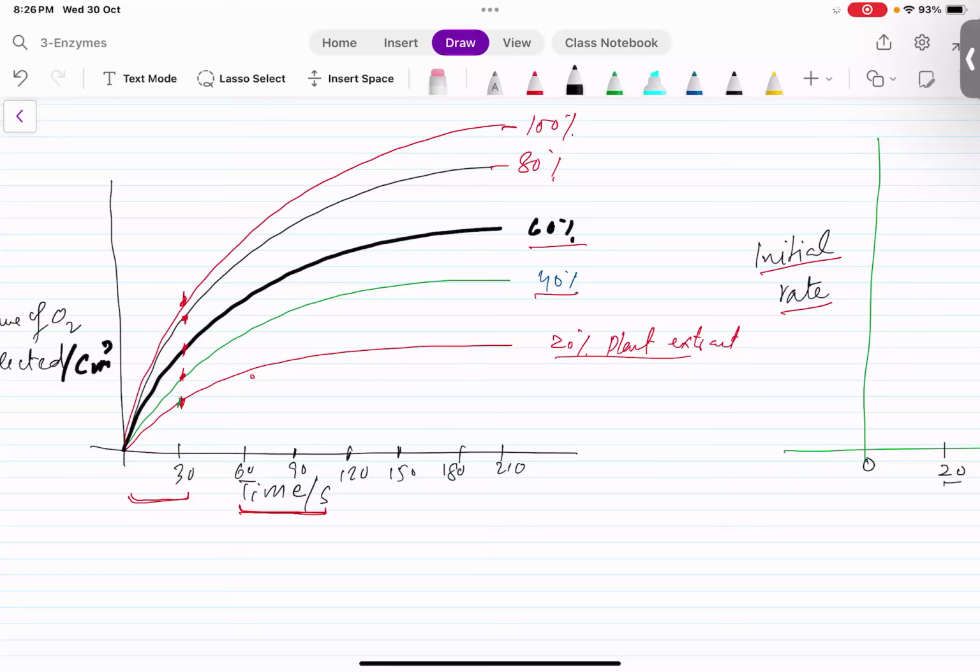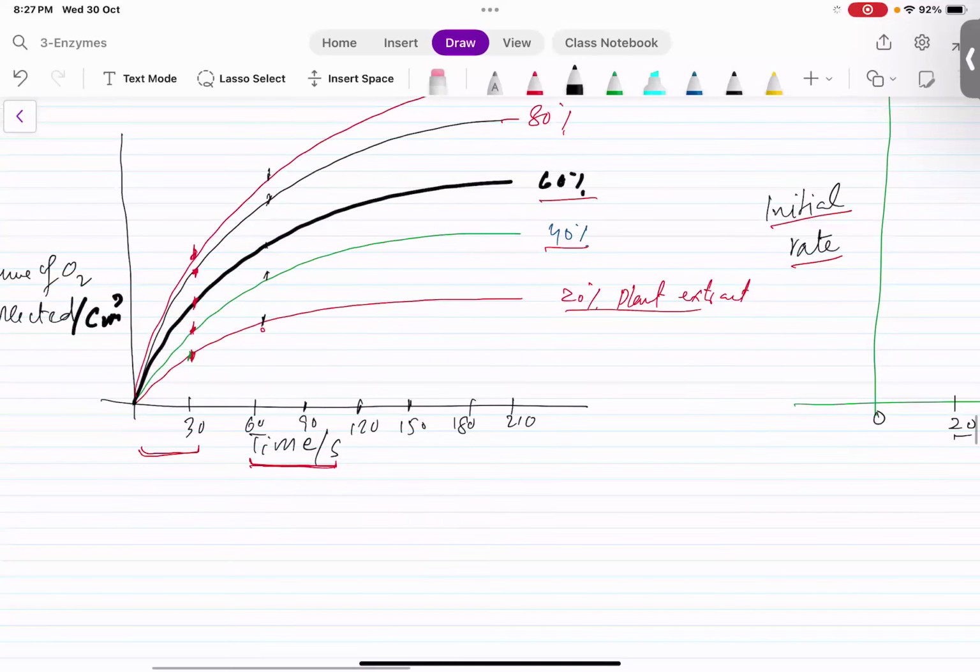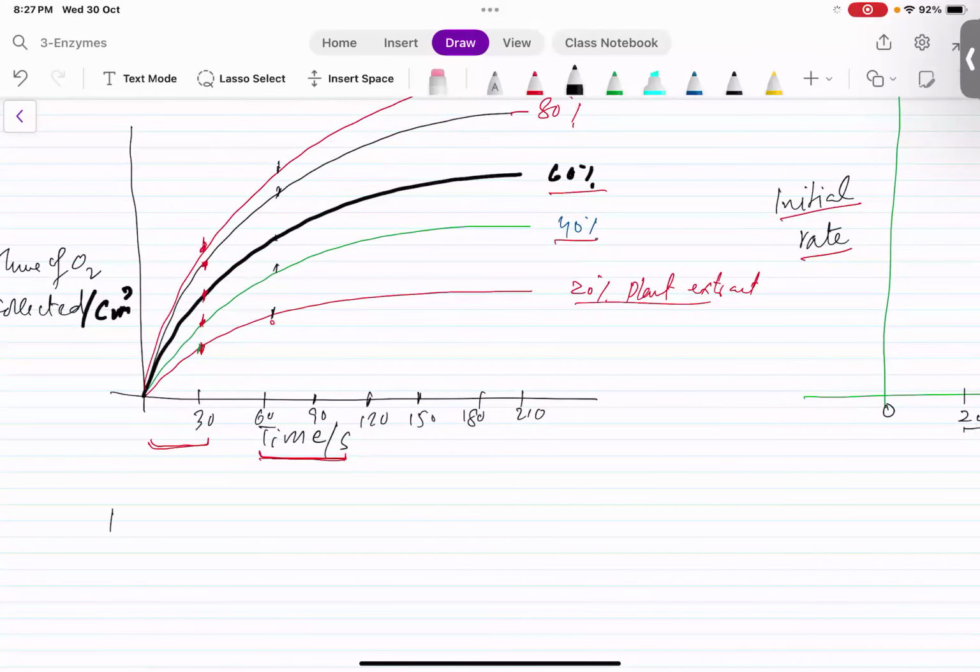So we will have different substrate concentrations at different times. So that would give us a different rate if we take the rate long after the chemical reaction has started. So we will take the earliest possible time where we can measure the rate of an enzyme action, and that would give us the initial rate of an enzyme action.